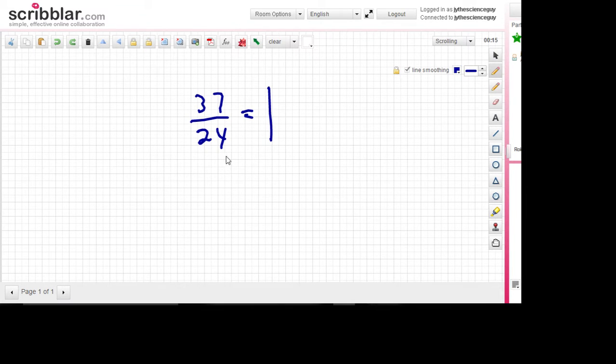What's the remainder? 13. And so you keep the exact same number on the bottom of that fraction. So 13 over 24. And so they reduced this more? They made it into a mixed number.